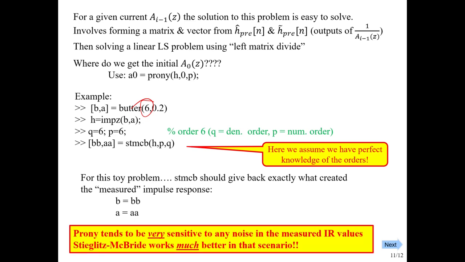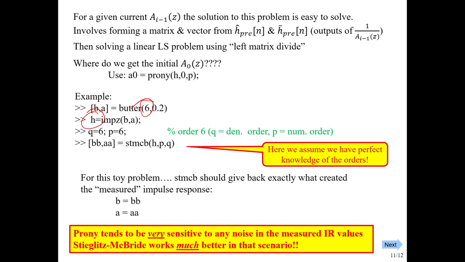And as I said, Prony tends to be very sensitive to any errors in the measured H. So Steiglitz-McBride works a lot better. You could try redoing this example, taking this H here, writing it out to a wave file and reading it back in, and then run Prony and run Steiglitz-McBride.